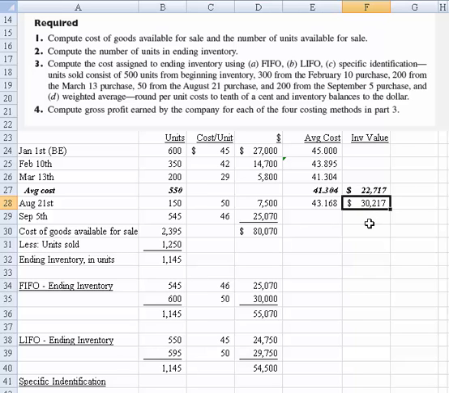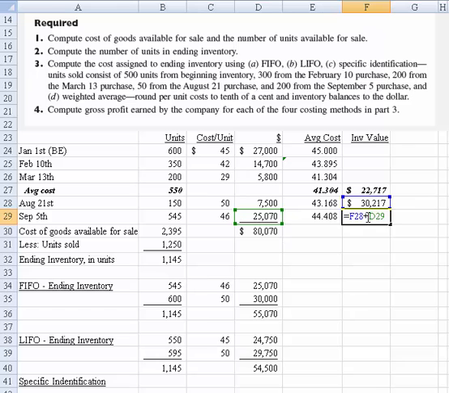So the total inventory dollars that we have are what we computed after we had our sale, and that was 22,717. Then we add 7,500, and we need to divide it by the total number of units, which was the 550 plus the 150.